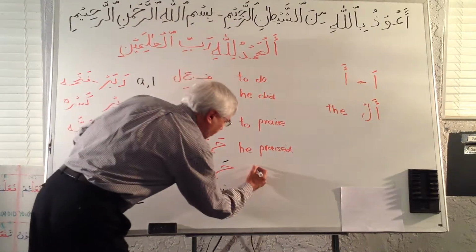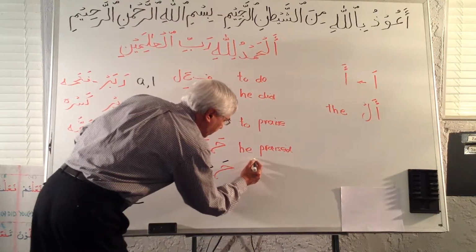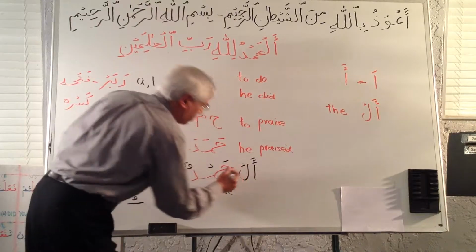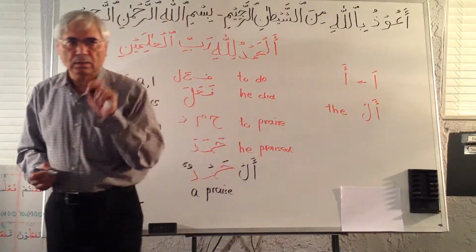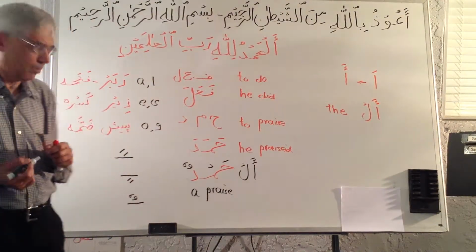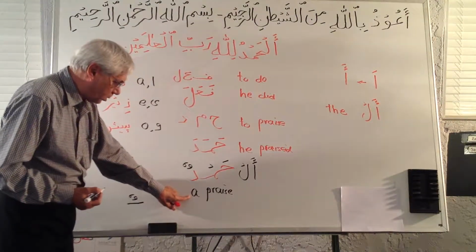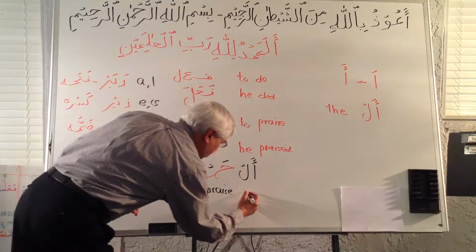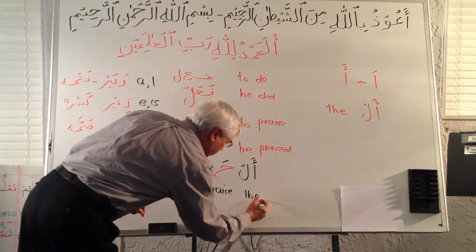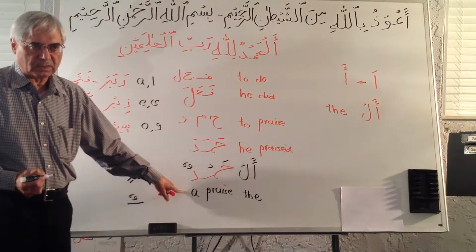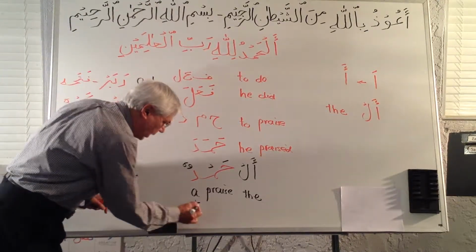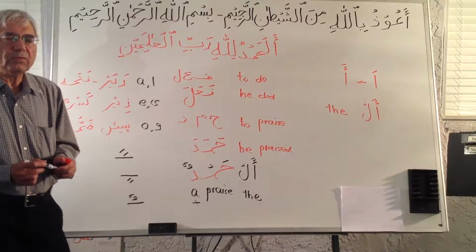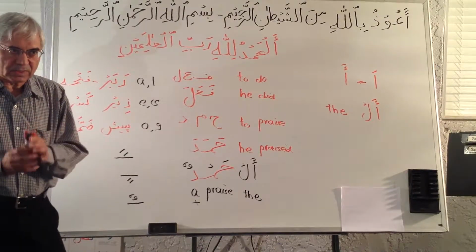Now I want to put this word al before that, and I stated here that the meaning of al is the. That means this word will become the a praise. This is wrong English. So we drop a here and we leave only the praise.